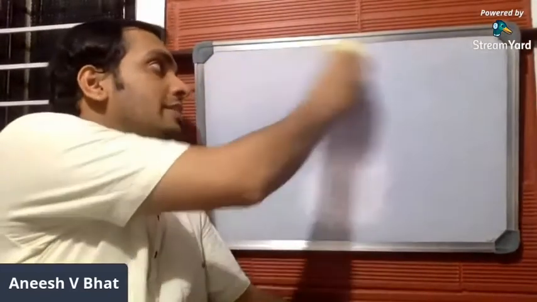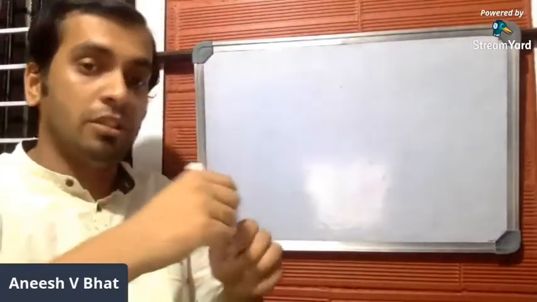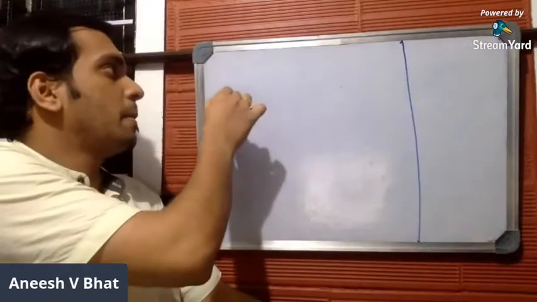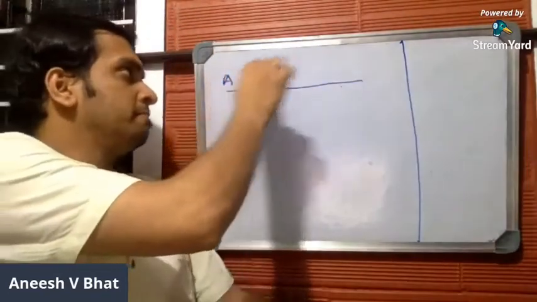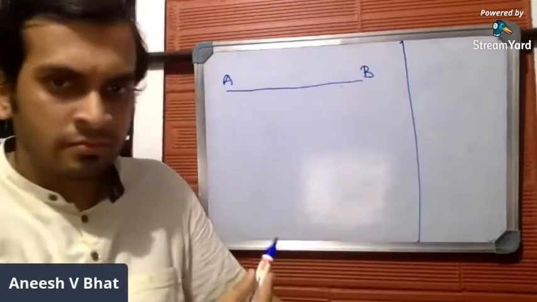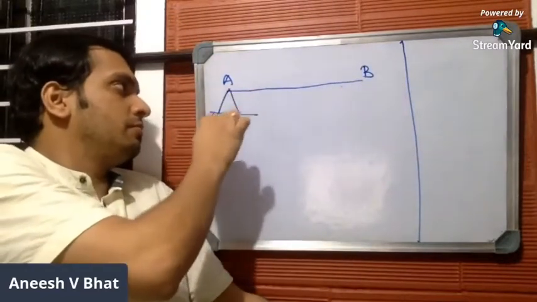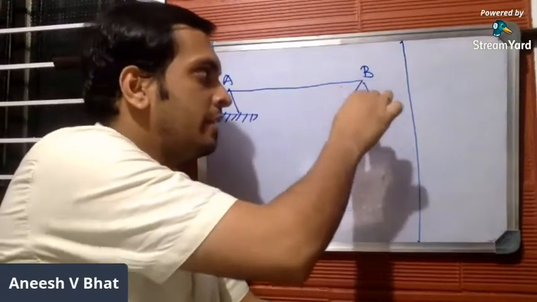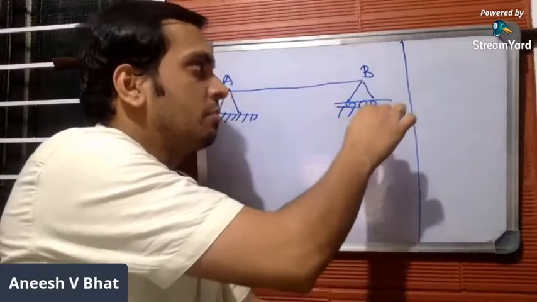In order to understand the steps, let me consider an example: a beam AB. Let this end be supported by a hinged support, and let the other end be supported by a roller support.